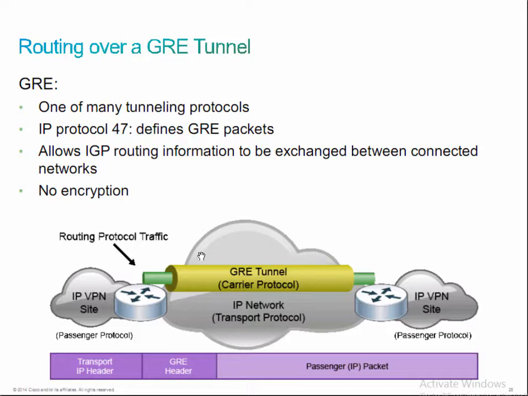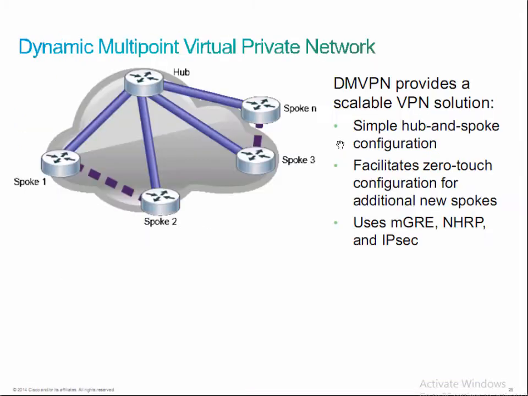But still, a consideration to take into account is that GRE does not include any kind of confidentiality or security. So then we start to talk about implementing some sort of tunneling protocol on top of that in the form of some sort of VPN solution.